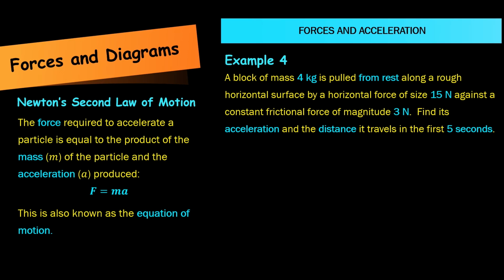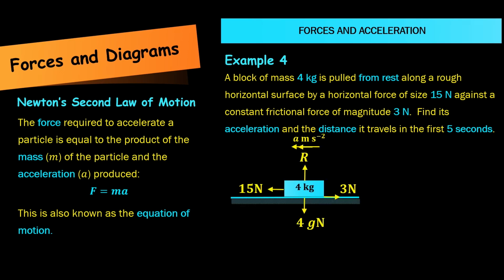So let's begin by producing a force diagram. So here's our block of mass 4 kilograms. We have a horizontal force of size 15 N. We have the weight, which is 4g N, because of course the mass is 4 kilograms, therefore the weight is going to be 4g, or 4 times the force of gravity.